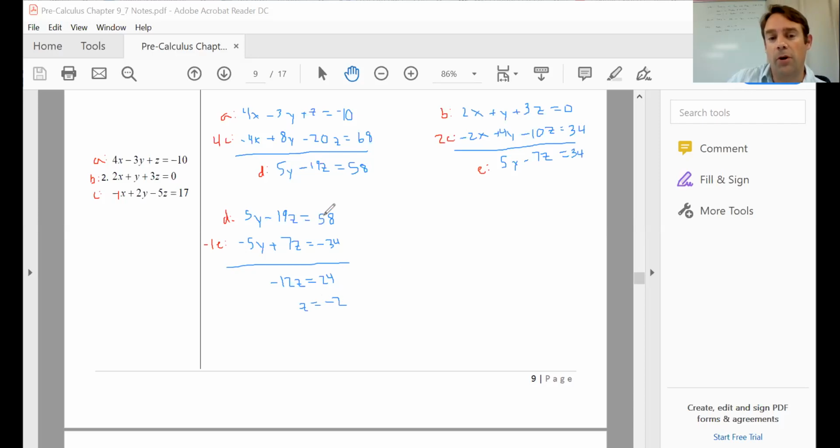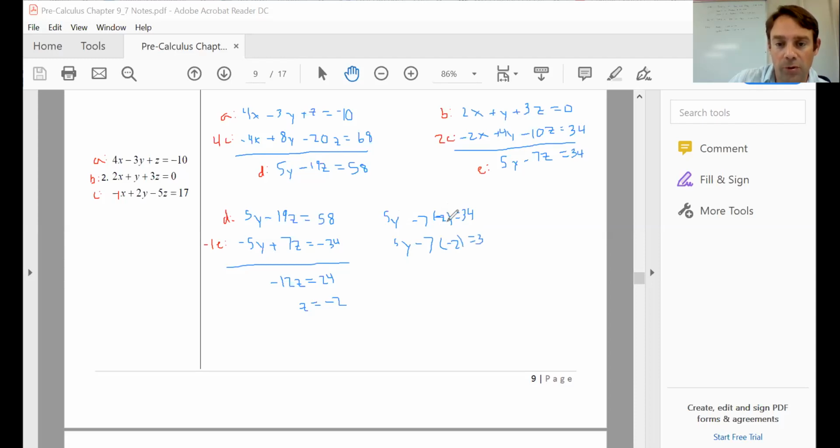Now we're going to go back to either our D or our E. Doesn't matter which one. We're going to go back now and find out what y is. I'll go ahead and use this one right here: 5y minus 7 times the negative 2 equals 34.